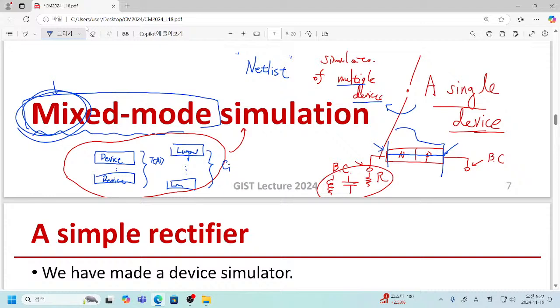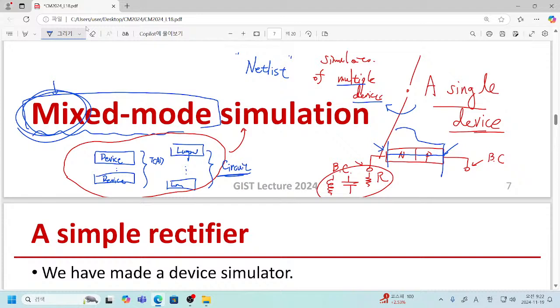This is more related to the area of circuit simulation. But we wanted to mix them all and make a better simulation capability. That was the original reason why we call it mixed mode simulation.